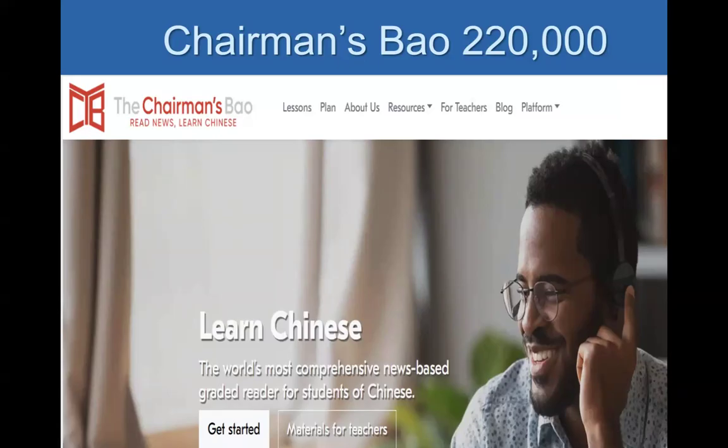Because they have the experience of designing a newspaper at an early stage, it's very easy for them. And indeed, from the Western angle, the English angle, they choose the materials that students are really interested in, and they update it every other week. And also, they divide the learning materials according to different language levels.